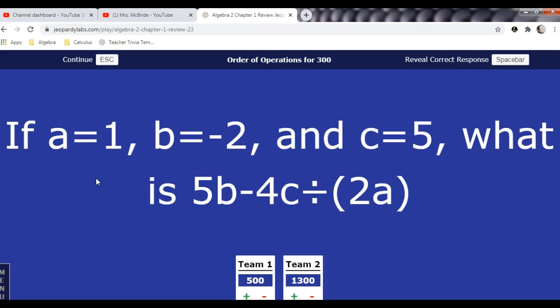So again, order of operations, you are plugging in for A, B, and C. That's correct.